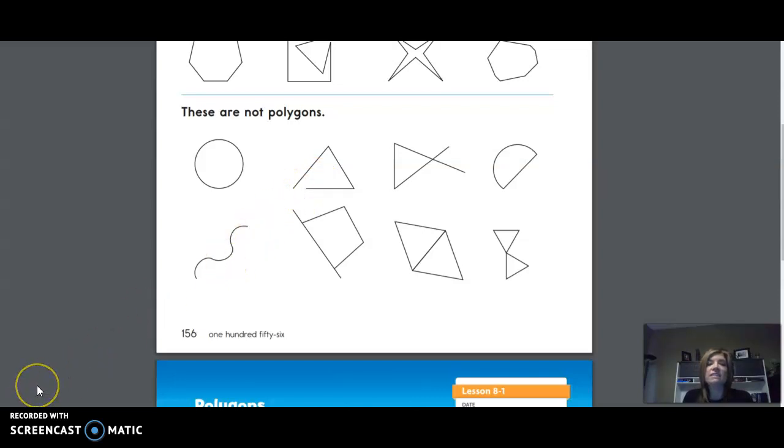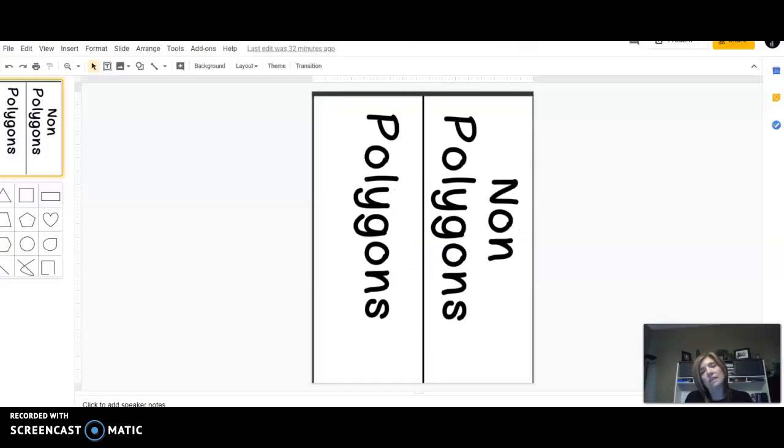All right, friends, today you are going to be doing a sorting activity with polygons and shapes that are not polygons. Let me show you that activity. So linked in the slide presentation today, you will see a worksheet that looks like this. It has 2 pages. The first page says non-polygons and polygons.